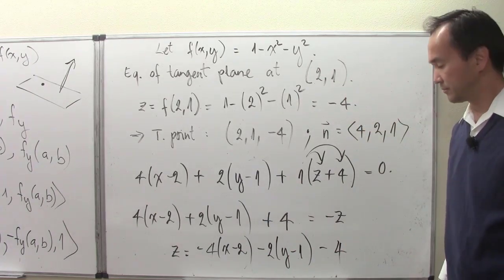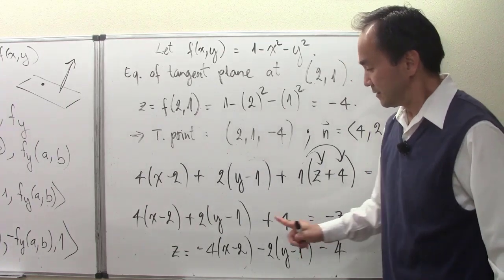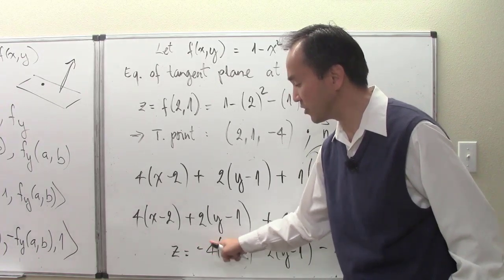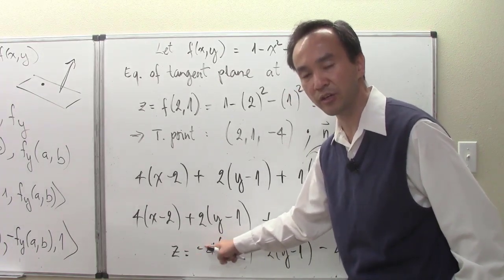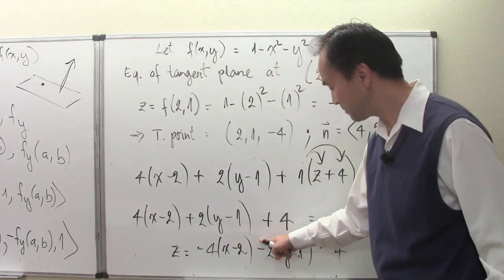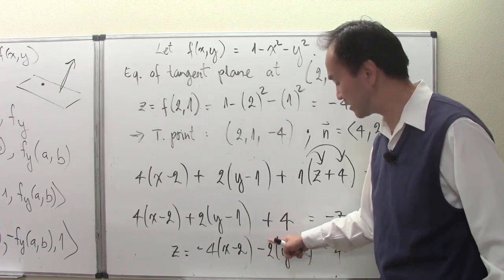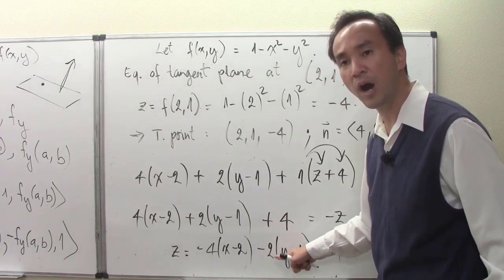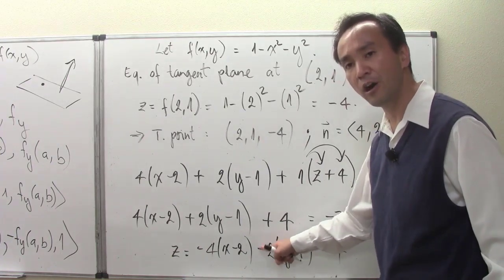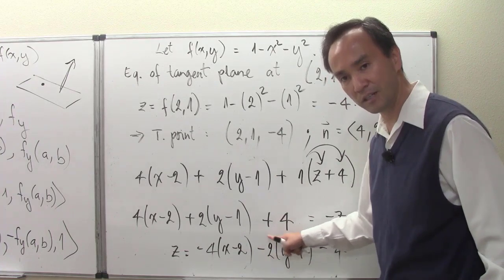All right, so now let's observe this. This minus 4 is exactly the slope value for our partial derivative with respect to x at 2, 1. This minus 2 is exactly the slope value for our partial derivative with respect to y at 2, 1, the slope of the tangent line along the tracing curve along the y-axis.